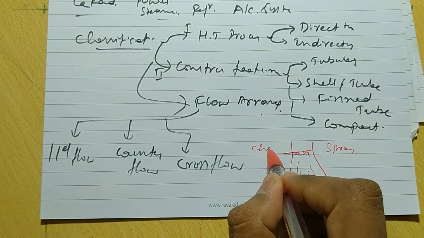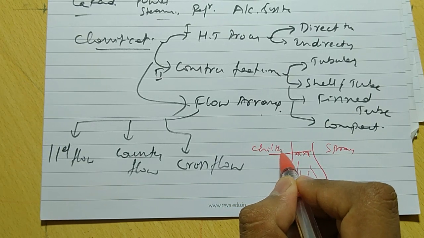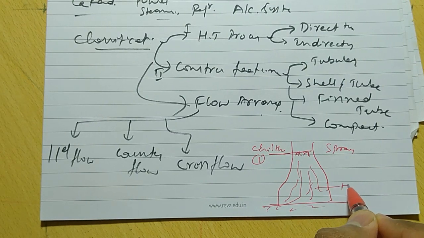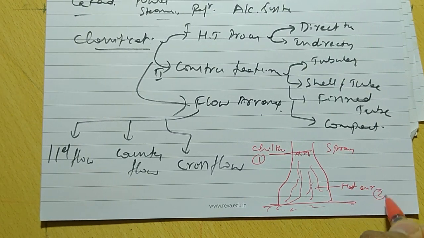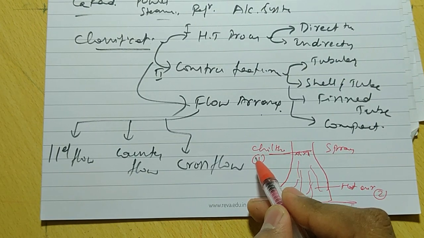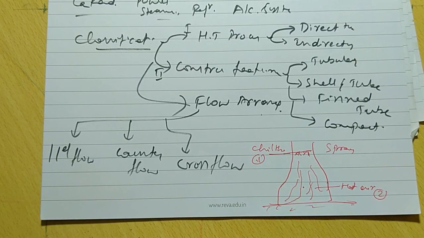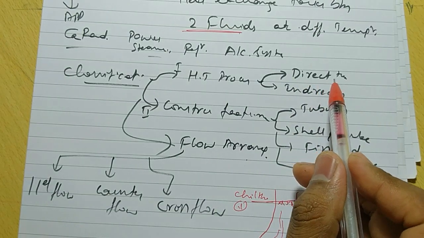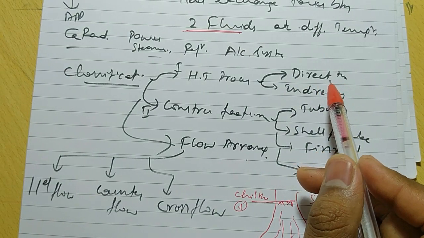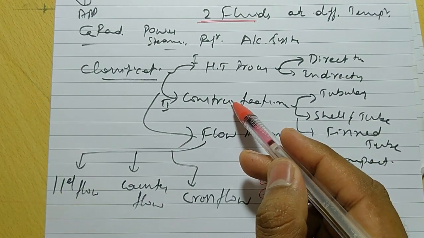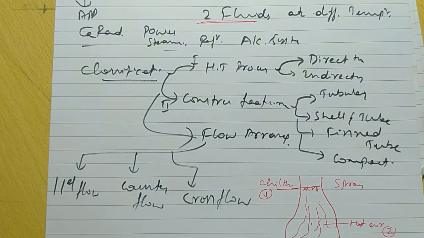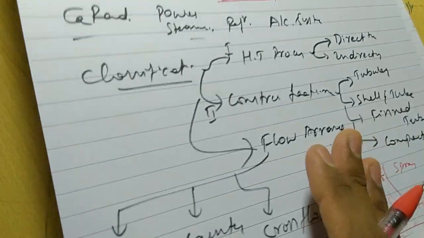This is the chilled water, the one fluid, and the hot air is the second fluid. Here fluid 1 and fluid 2 are in direct contact. That is called the direct contact type heat transfer. The remaining constructional features and flow arrangements are all the indirect type heat transfer process.